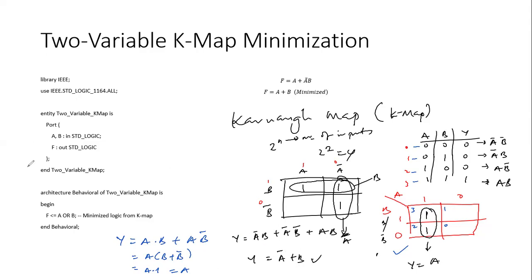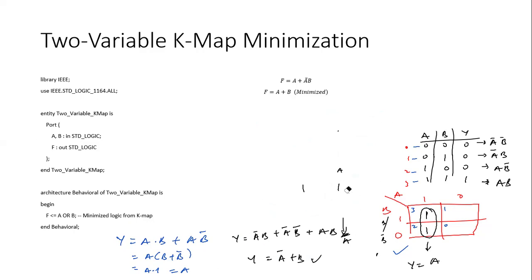So let's confirm if we are going to get the same. We have Y will be the same. A bar is common, so that would be A bar into bracket B plus B bar, plus AB, all right?